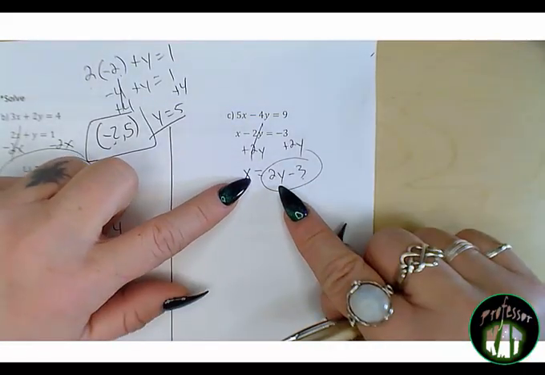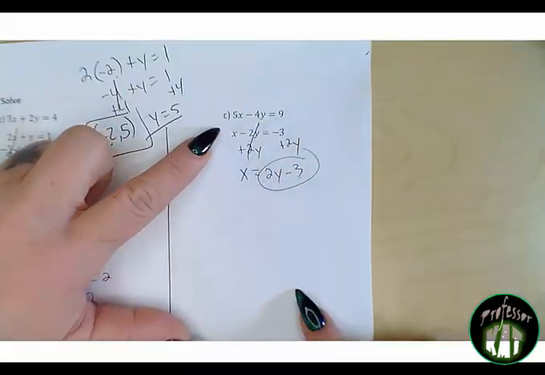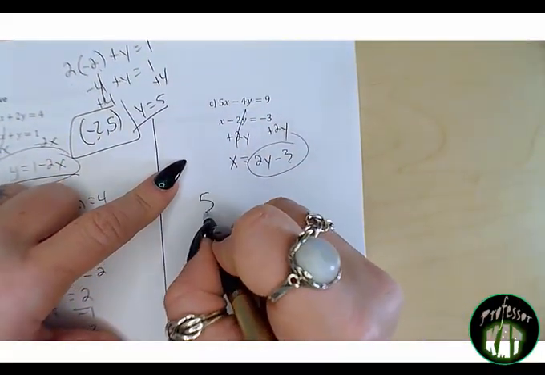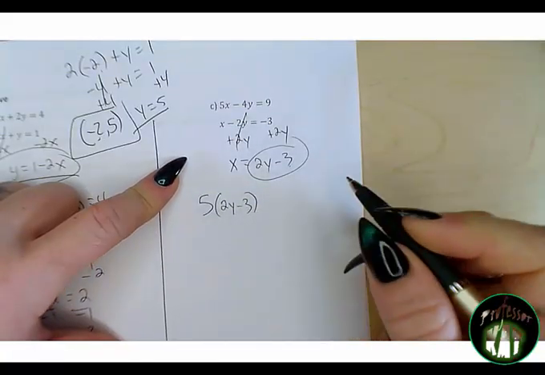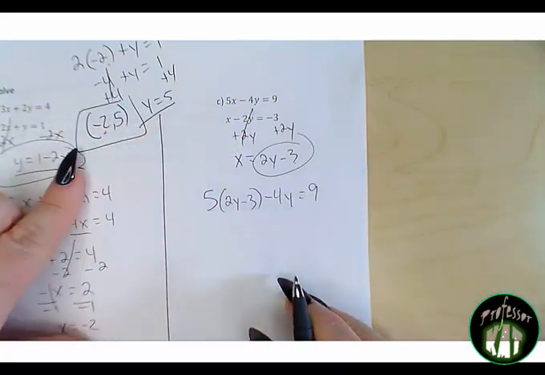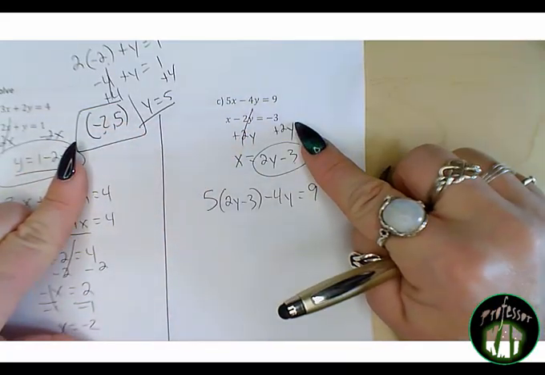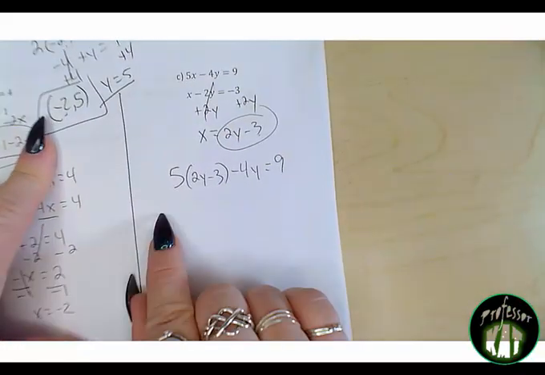We're going to want to take that 2y minus 3 and plug it in for x in the top equation. That's going to look like 5 times x, where x is 2y minus 3, minus 4y is equal to 9. All right, so we solved the bottom equation to plug that into the top equation.